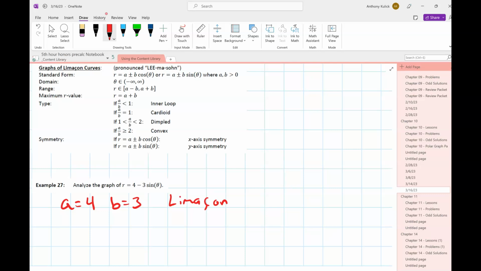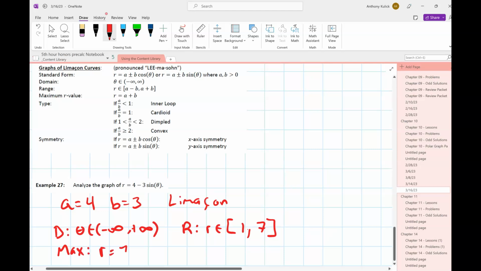Okay. So the domain is always all real numbers. That's easy enough. The range is going to be a minus b, so that's 1, and then a plus b, that's 7. And the maximum value is clearly going to be 7 because it's the top of the range.